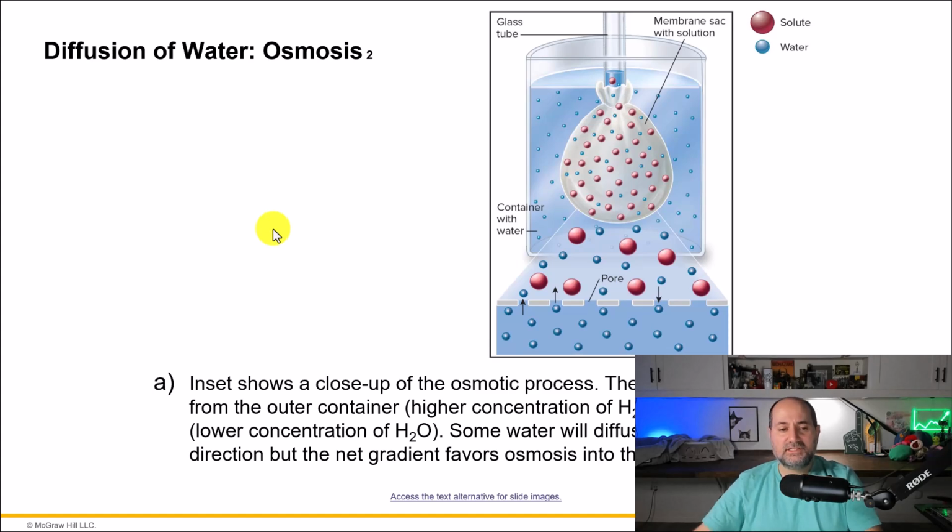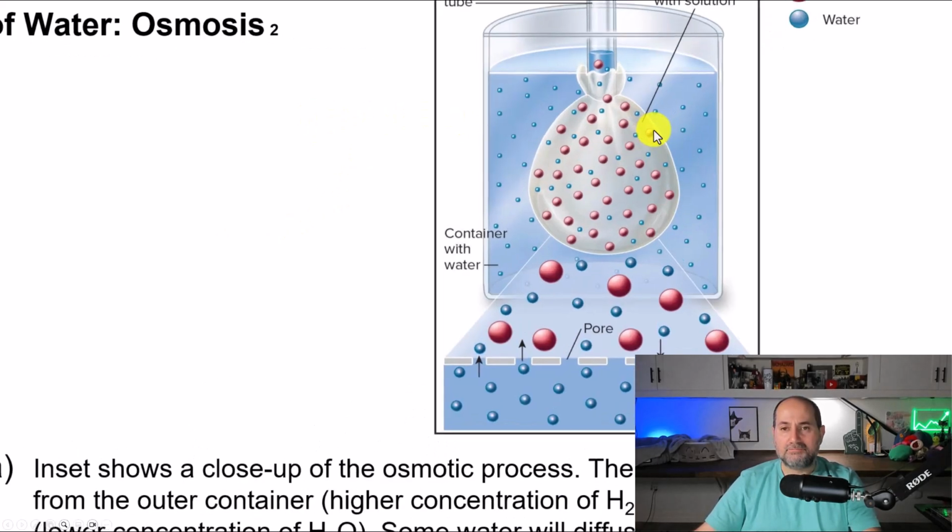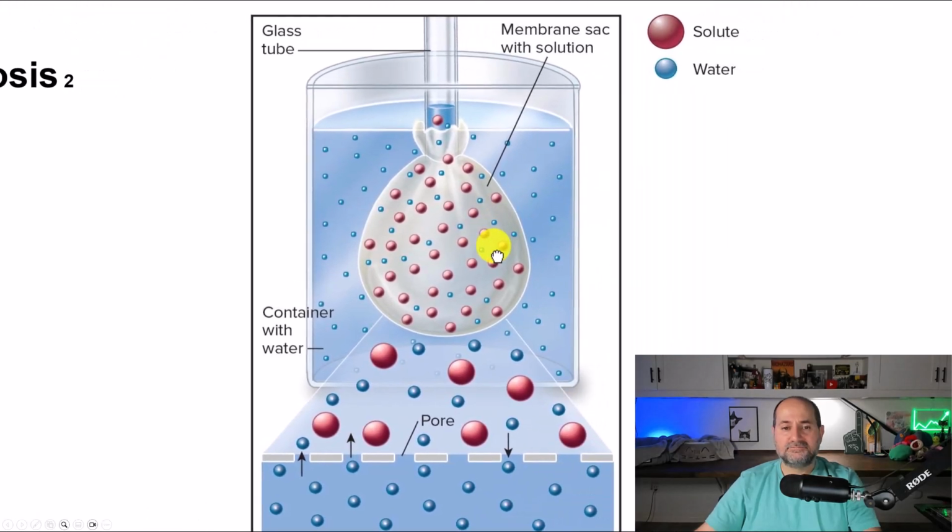Here you can see this is showing you a bag, okay? And this bag is full of a solution of sugar water. The pink or red dots represent solutes. So let's say sugar, for instance. The red dots are sugar, okay? And the blue dots are water, right?